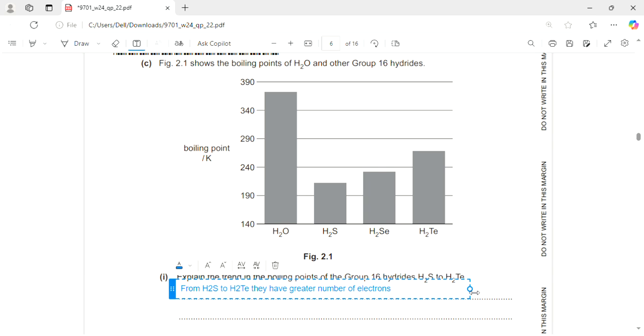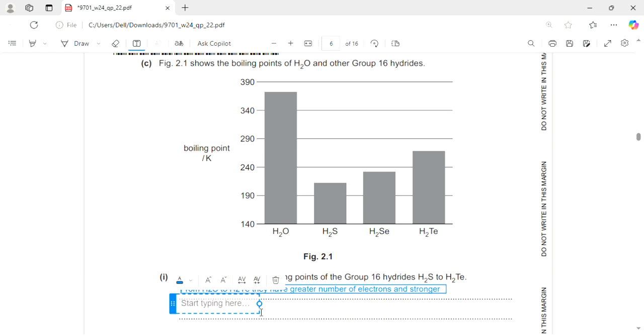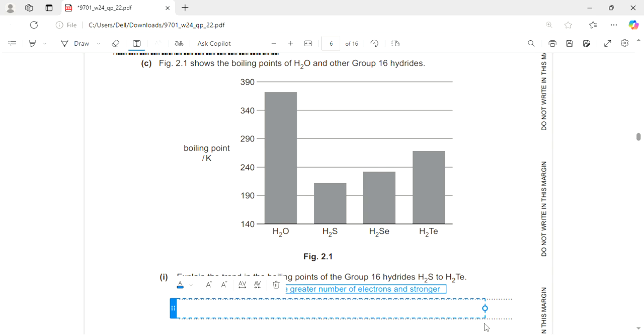Stronger instantaneous dipole and induced dipole.